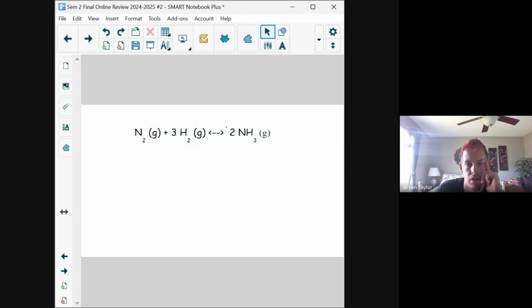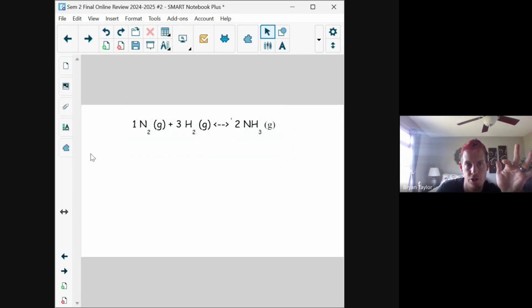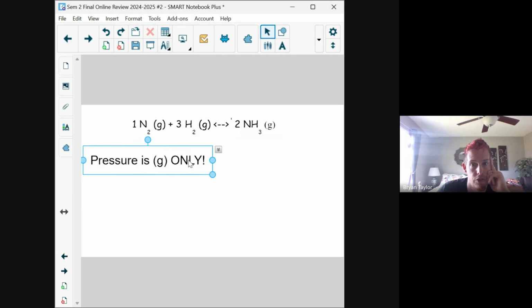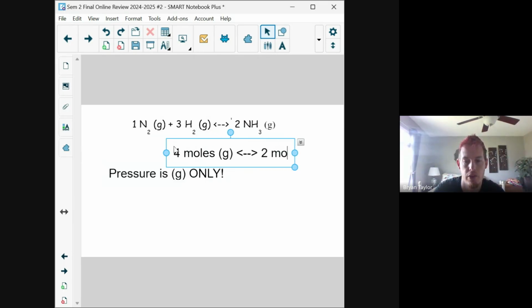Okay, that's our famous one. I don't know why I copied and pasted in Comic Sans. So with this one, when we have pressure, we need gases. On this side, we have 4 moles of gas. And on the other side, we have 2 moles of gas.